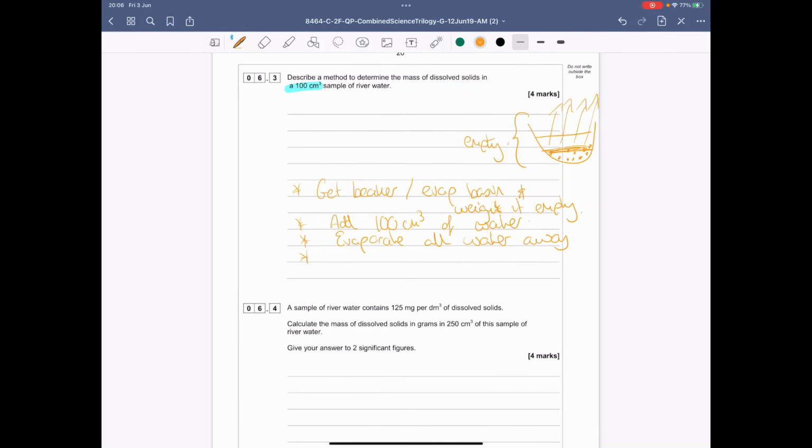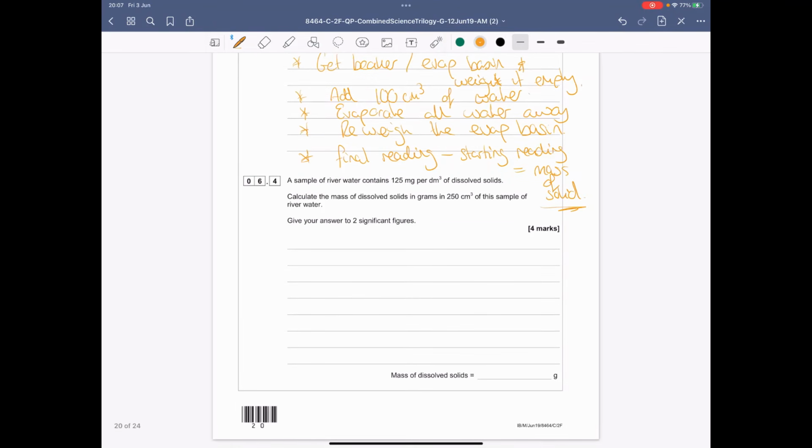And then what you would do is reweigh the evaporating basin. And then finally, to get the actual reading, you would do your final reading minus your starting reading when it was empty. And that would give you the mass of solid. So the mass of the new stuff you've added to it after you've evaporated the water away.